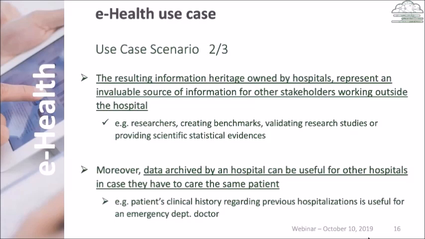And moreover, these data are also useful for other hospitals that have to care for a patient primarily hospitalized in San Raffaele Hospital, because in many cases of clinical practice, it's useful to have the patient's clinical history, because in this way we can have better healthcare activity.